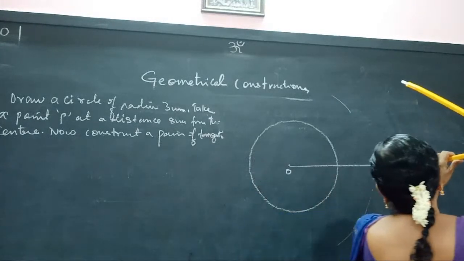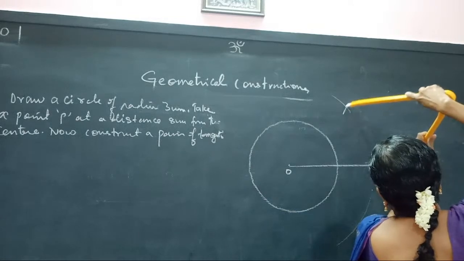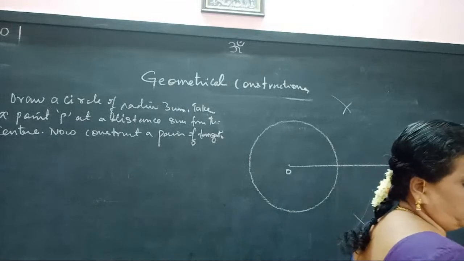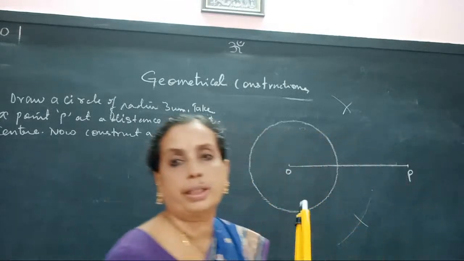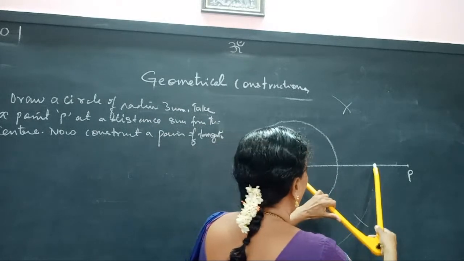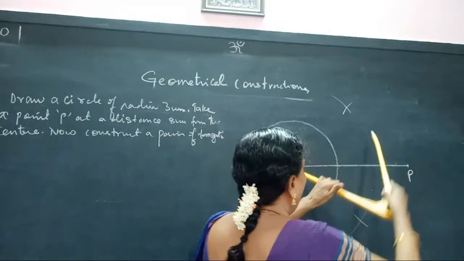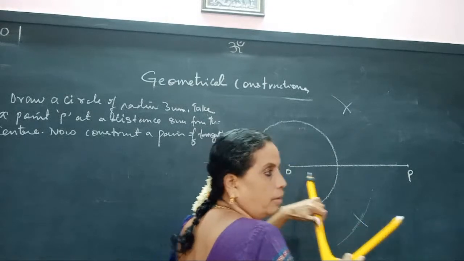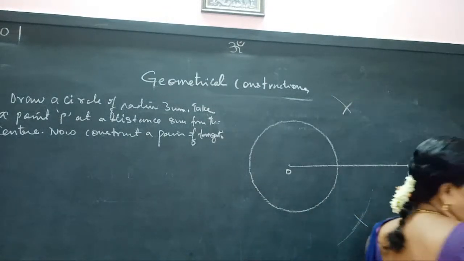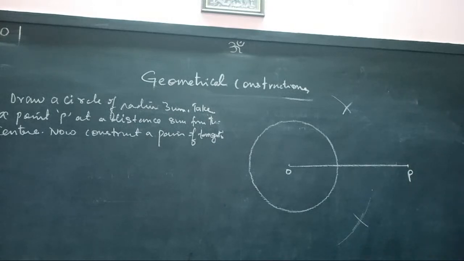Cut off the former arc. I'll show you with convenient radius. Taking more than half of OP, draw arcs on both the sides with same radius. Cut off the former arc from both the sides.